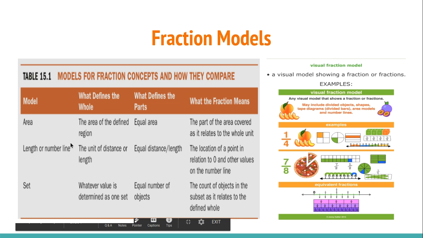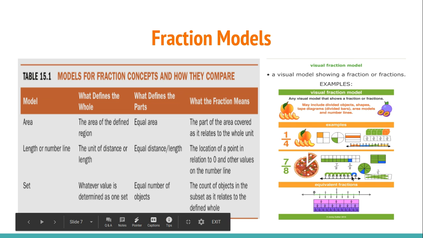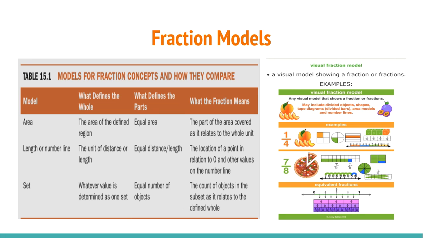So you've seen the length in the number line. We have a number line right here and a number line right there. The unit of distance or length, and what defines those parts, the equal distance and the length. The location of the point in relation to 0 and other values on a number line. So again, here are the number lines right here, a great example. And then we have sets, and on the next page we'll get to look at that a little bit more.